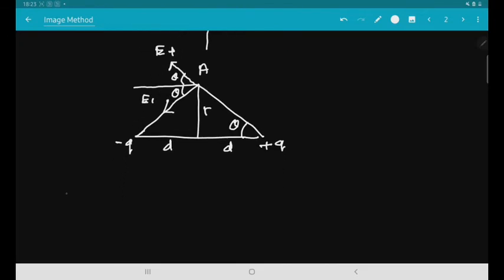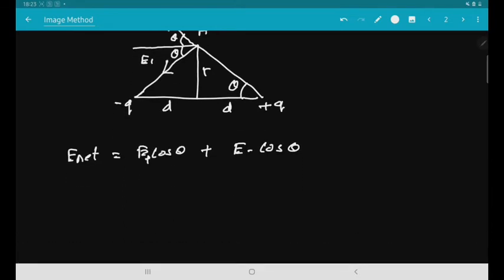Now the net field will be E plus cos theta plus E minus cos theta. So there will be addition. Now we have considered the directions also. There will be addition of E cos theta.